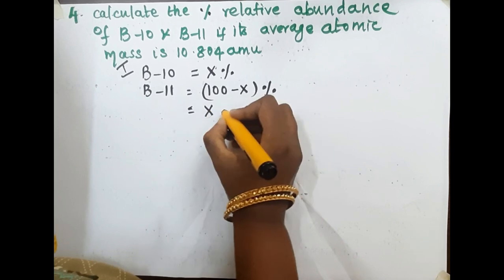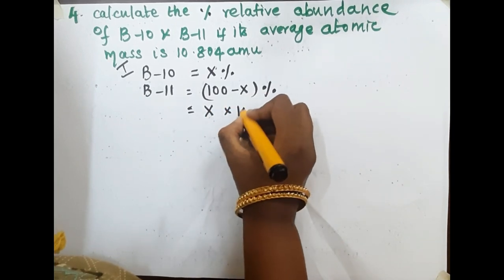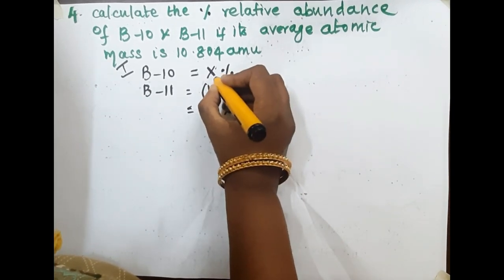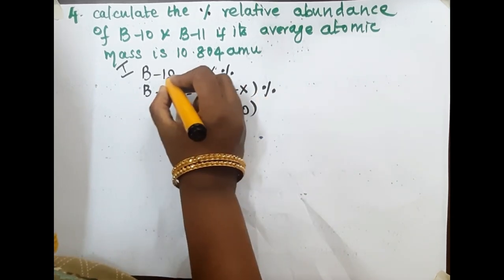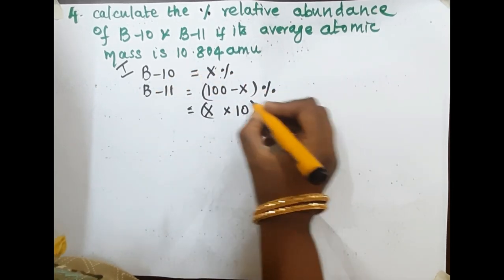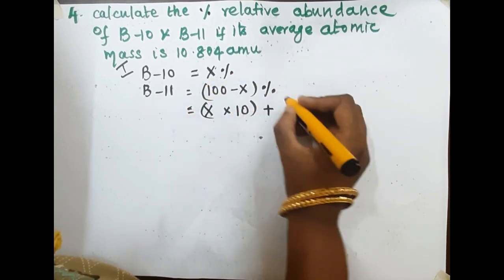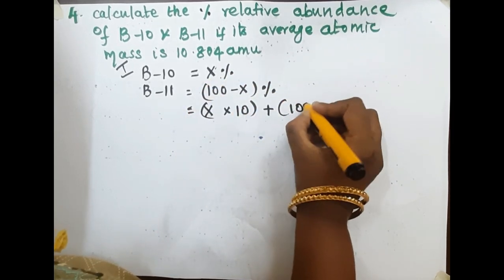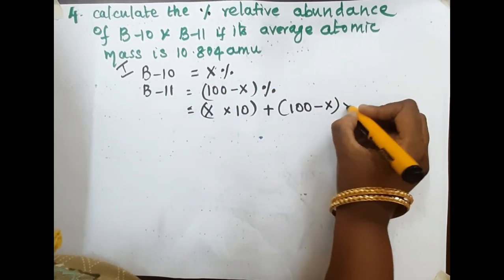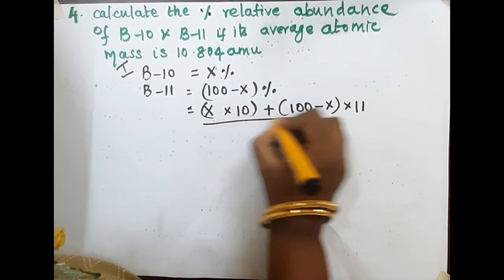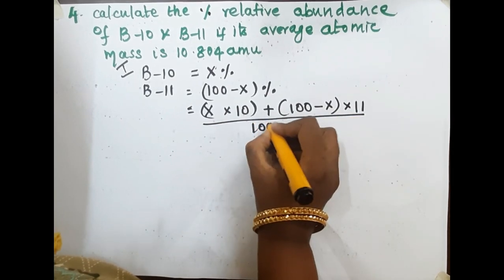X into 10. What is this X? This is the percentage. X into 10. What is this 10? That is boron 10. Plus, how much amount of boron 11 is present? 100 minus X of boron 11, into 11, divided by 100.